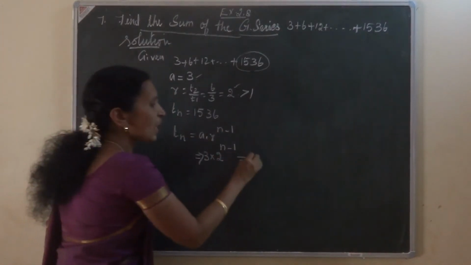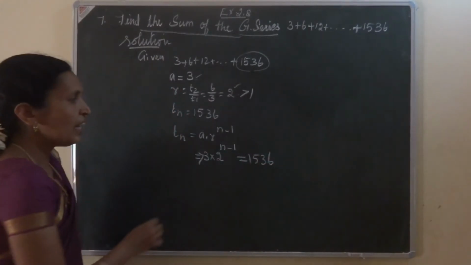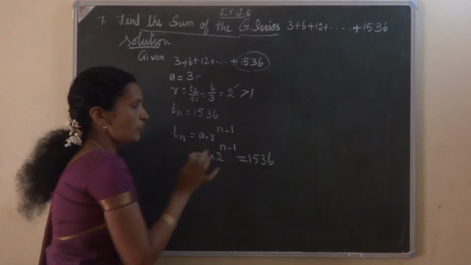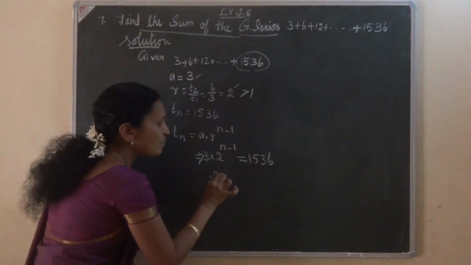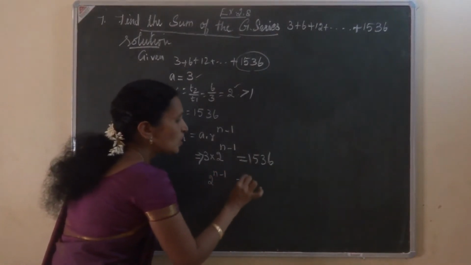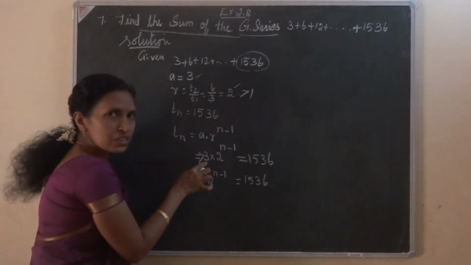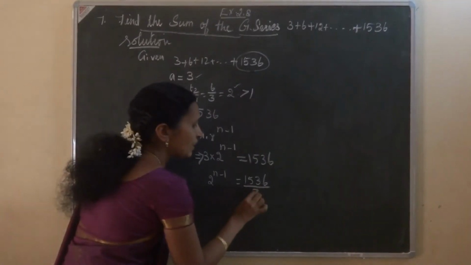That value is 1536. Now the only unknown value is n; you have to find that. Now 3 into 2 power n minus 1 equal to 1536. This 3 you take to the other side, divided by 3.